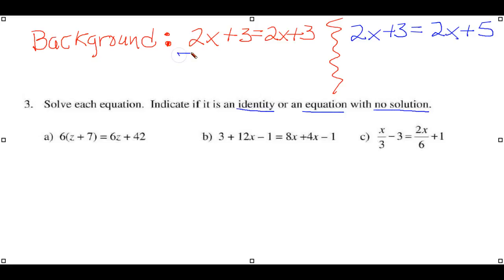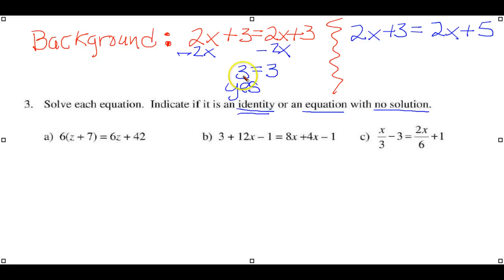Now, if I subtracted 2x from both sides, I would then get 3 equals 3. Now, is that a true statement? And the answer is yes. When you fiddle with your equation and end up losing the variables, but have a true statement, we call this, and you can see it right there very clearly, an identity.